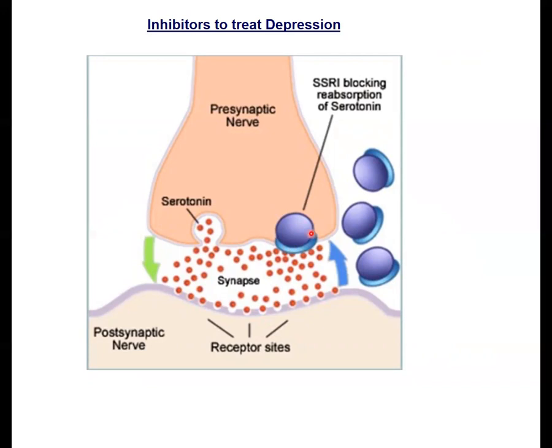But if you use drugs to block that protein, blocking the pathway back into the presynaptic neuron, that increases the concentration of the neurotransmitter in the synaptic cleft, and again increases the chances of reaching threshold, and of the signal being passed on in the next neuron.